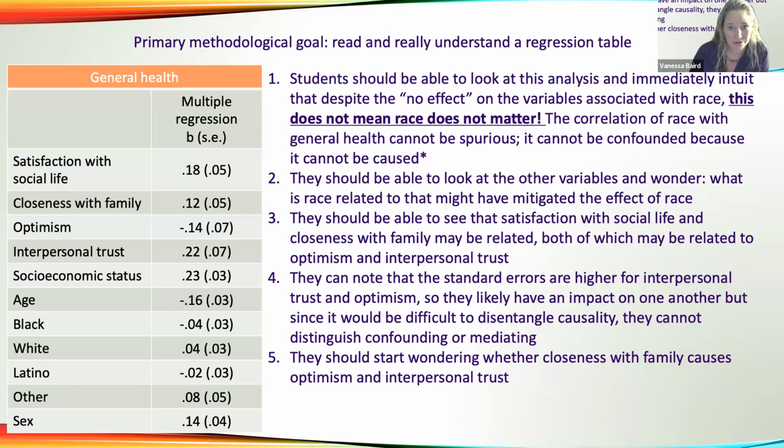Because the T's aren't 2. Right? So we accept the null on these. But accepting the null here, or concluding that race doesn't matter, is not a valid conclusion, because race is exogenous. Now, maybe there's some reasons for thinking that race is not exogenous.